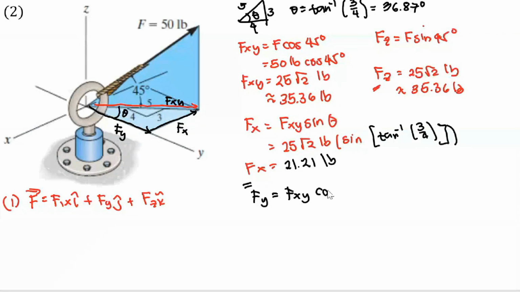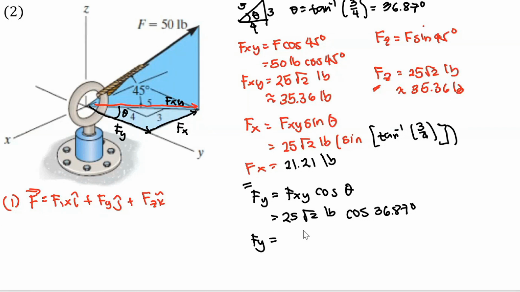So, fxy cosine angle. So, that is 25 square root of 2 pound cosine 36.87. What will be the answer? 28.28, right? Yes, po.